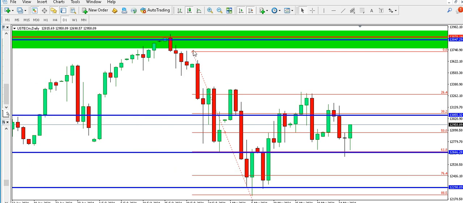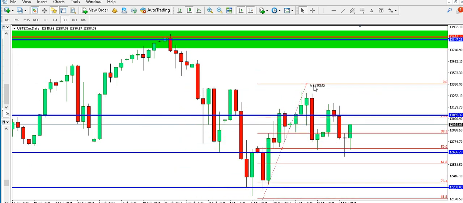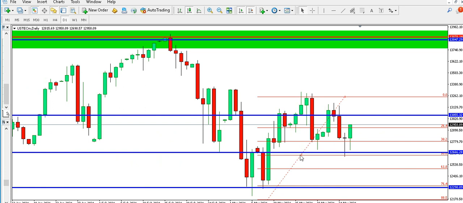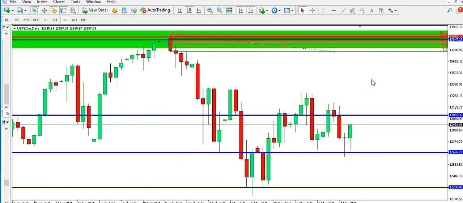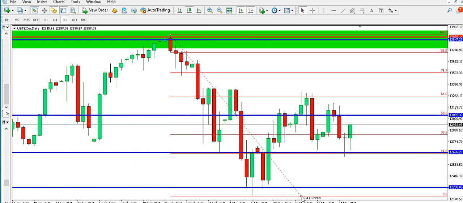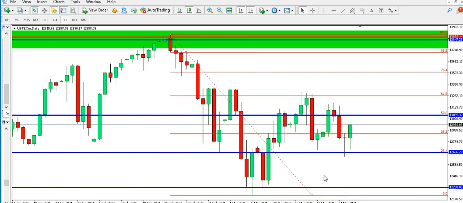Now for the daily time frame, price came down from this high, got to this low, and is retracing. Price retraced past this up to the 61.8% level, came back to the 26.4, and appears to be going up.